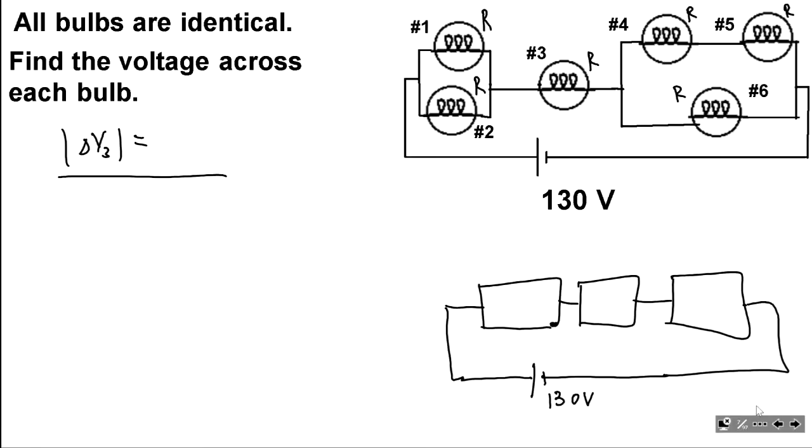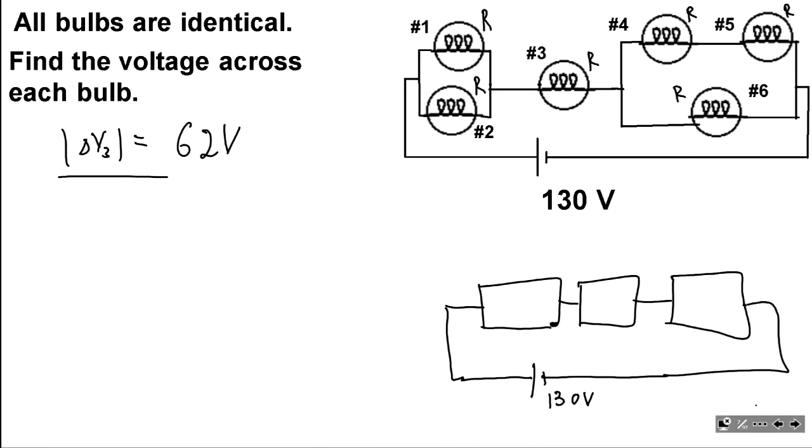Did you find delta V3? Okay, what is your answer? 62 volts. I don't know the answer. I knew it yesterday, but I have very short memory. Anybody else, please? If you have a different number, please tell me.